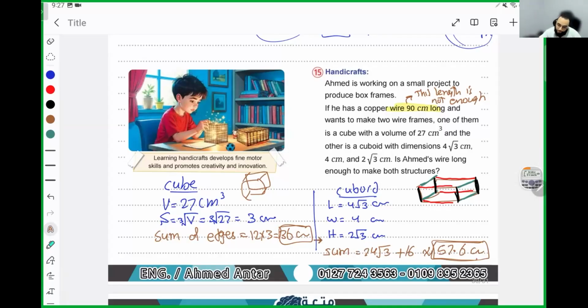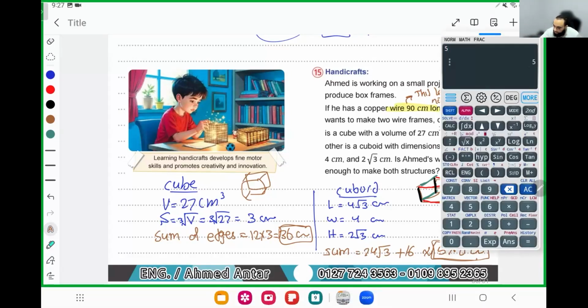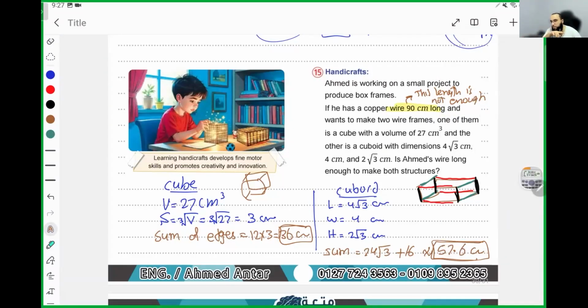For shaping a cube, we need 36 centimeters of wire. For shaping a cuboid, we need 57.6. Together, 57.6 plus 36 is 93.6. Does Ahmed have enough wire? I have only 90.